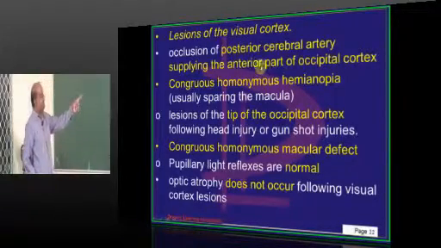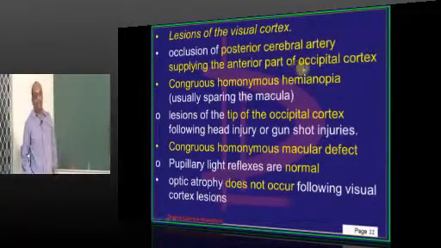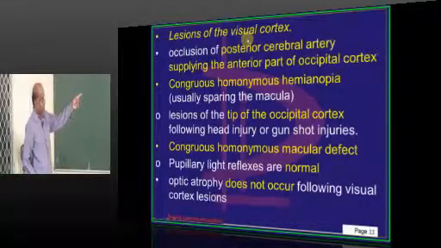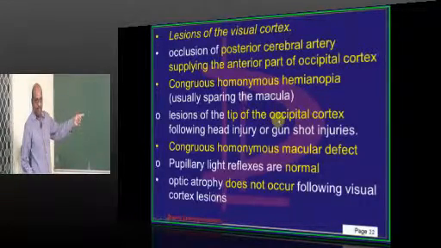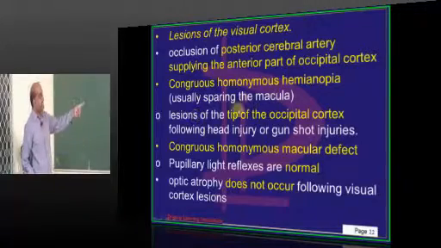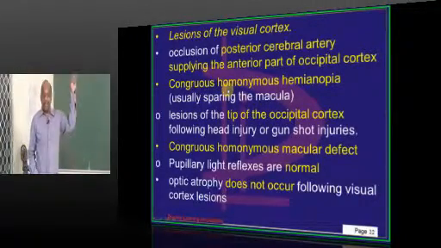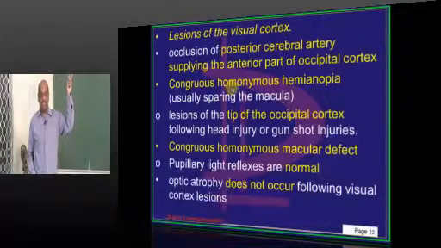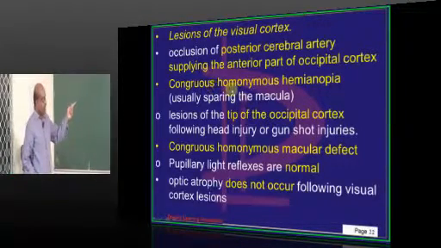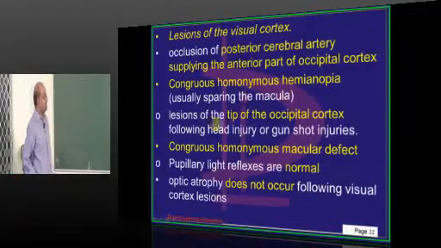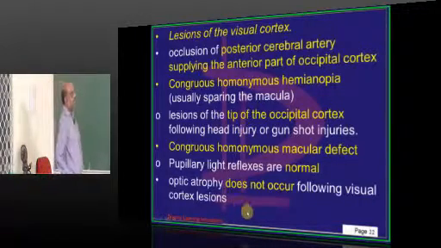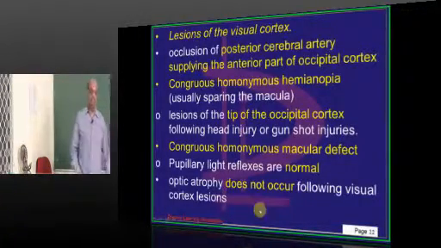Then finally, when the posterior cerebral artery supplying the occipital cortex gets affected, we get homonymous hemianopia sparing the macula, which is congruous. Unlike the earlier ones we have seen, which were incongruous, it's not like that. What we get is a congruous homonymous hemianopia. Then why will the occipital cortex get affected?